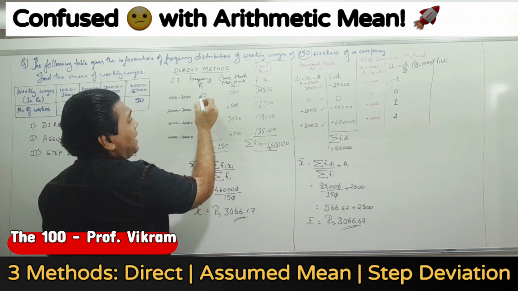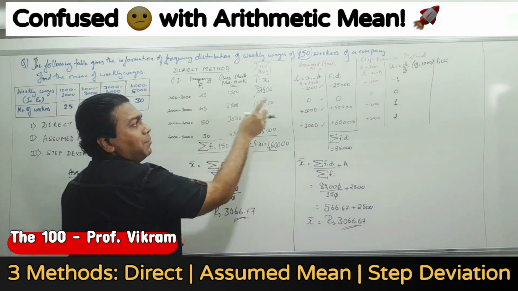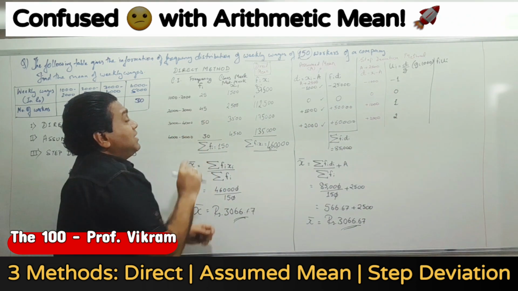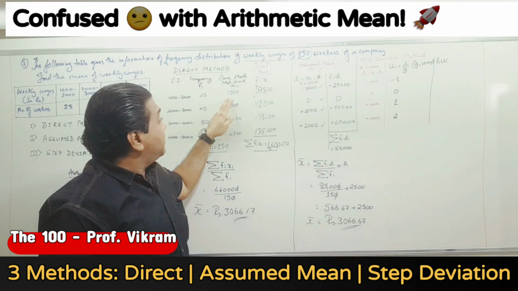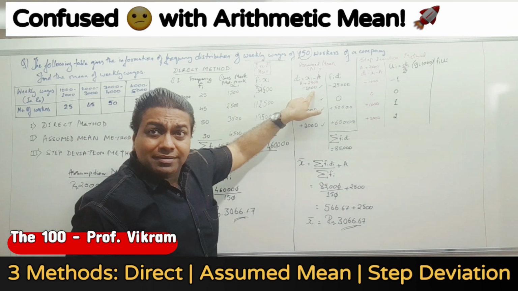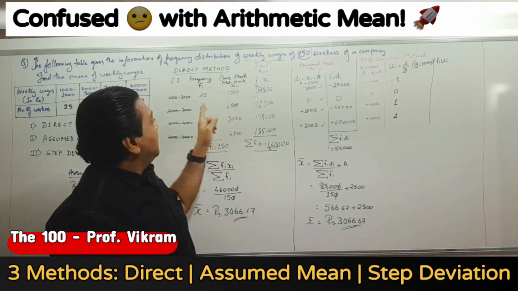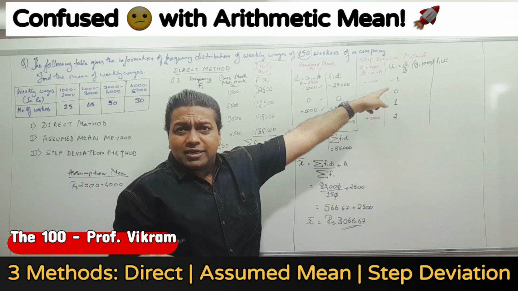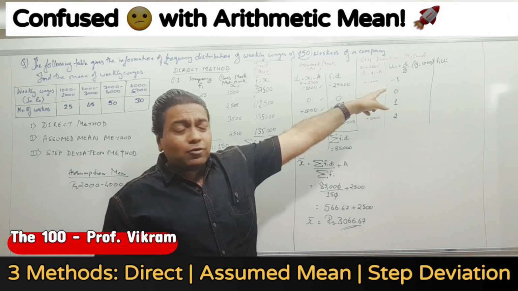I am going to multiply 25 by minus 1. In the direct mean method, I was multiplying 25 by 1500. In the assumed mean method, I multiplied 25 by 1000. But in the step deviation method, I am multiplying 25 by directly minus 1. So you are understanding how easy a calculation you are making.